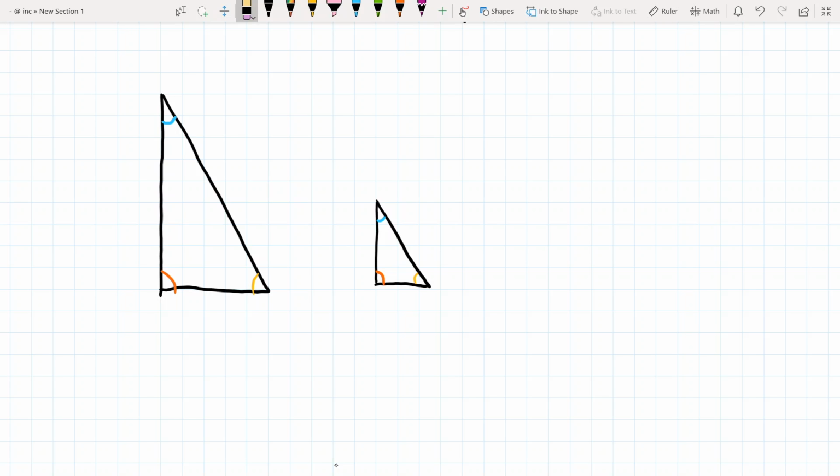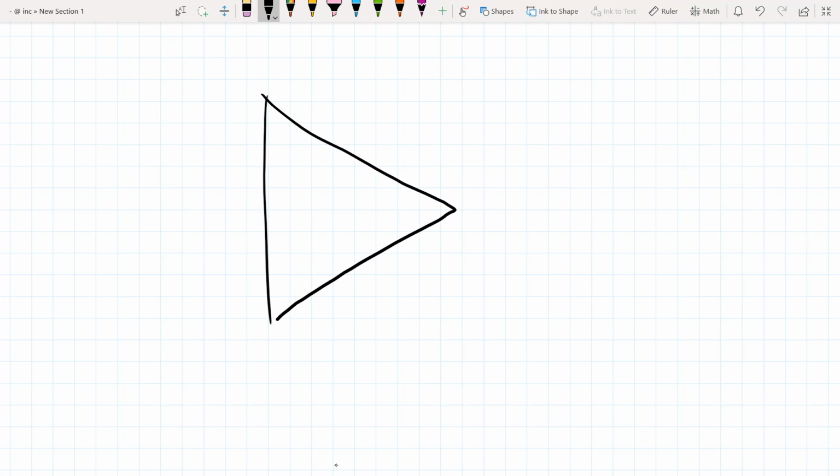So an easier problem that you would have had well before we started talking about similar triangles is I might have given you a triangle and said, okay, this is 75 degrees, this is 40 degrees. Find this angle. And you would say, I know that the 3 interior angles of a triangle add up to 180.